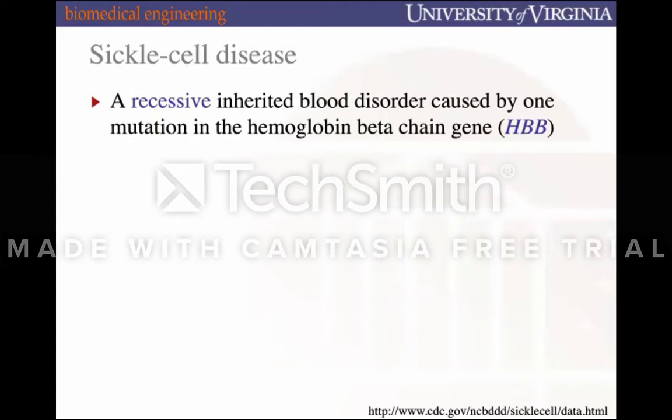So recessive means, if you remember back to your Punnett square that you did probably years ago, you need to have both alleles. And this is caused by a mutation in one gene, which means it's a monogenic disease. Diseases that require multiple genes to be mutated are polygenic diseases. So this is a recessive monogenic disease that affects the hemoglobin beta chain gene.